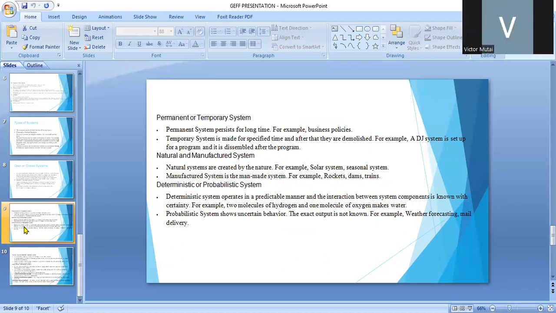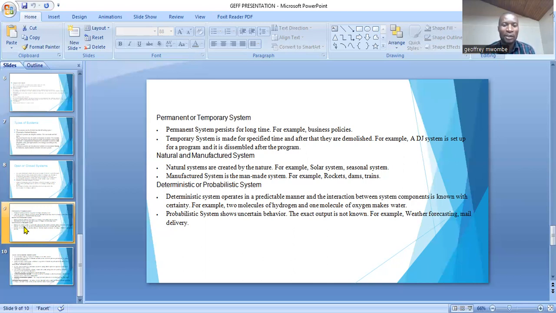Another system we have is natural and manufactured system. Natural systems are created by nature. For example, solar systems, seasonal systems, and a manufactured system is a man-made system. For example, rockets, dams, trains, etc.